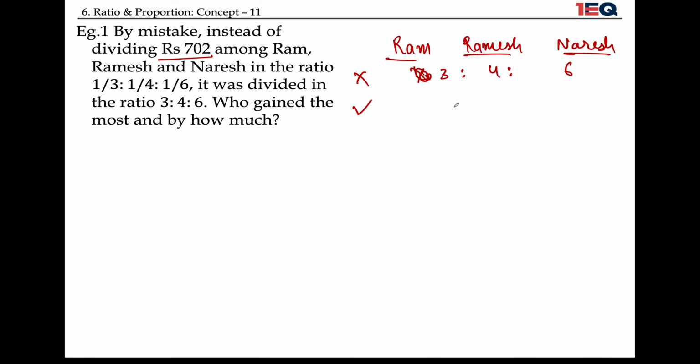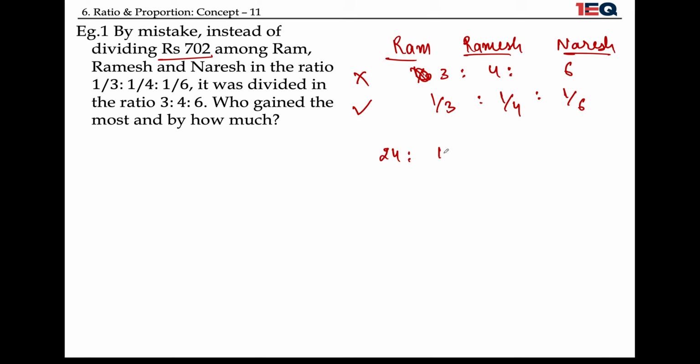The correct ratio which was expected was 1 by 3 is to 1 by 4 is to 1 by 6. Let me quickly figure out how to solve this. As I've already told you, the method is taking the LCM or simply multiplying 4 into 6, that is 24.